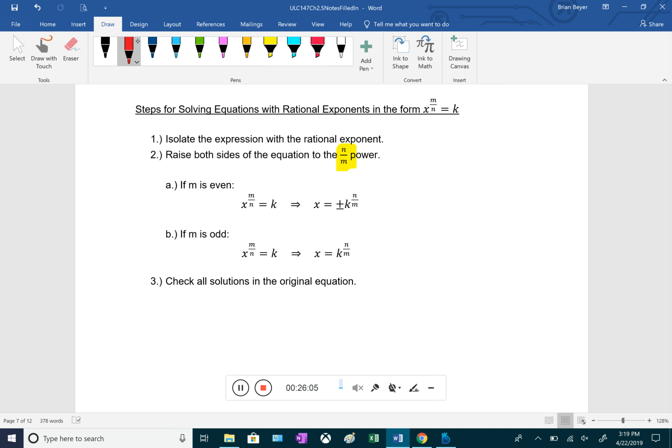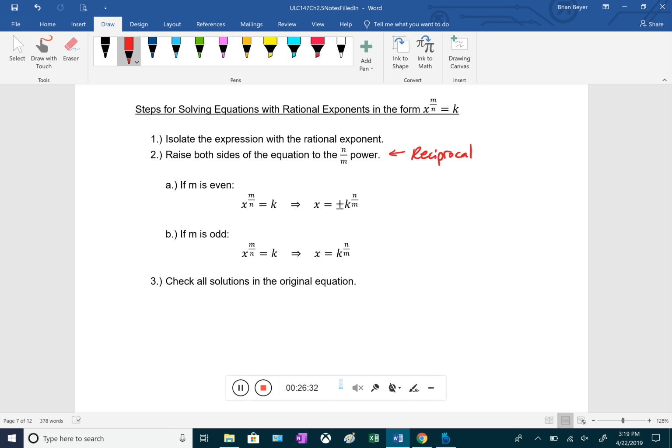So you raise both sides to the reciprocal power. Since you're raising something that's already raised to a power to another power, you multiply. When you multiply reciprocals, they equal 1, so they cancel each other out. That's how you cancel out an exponent, by raising it to its reciprocal exponent.